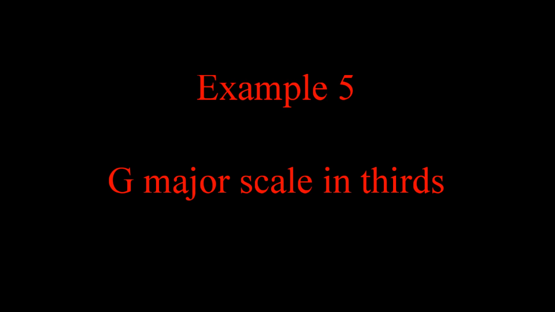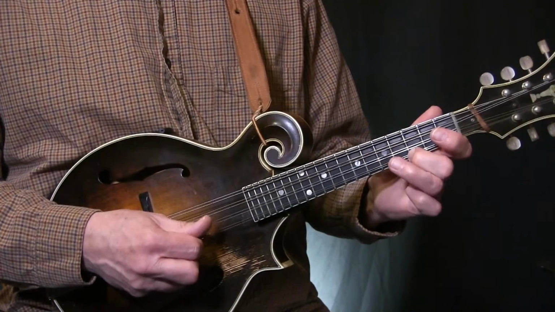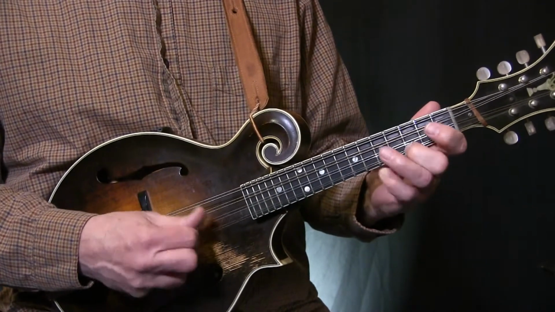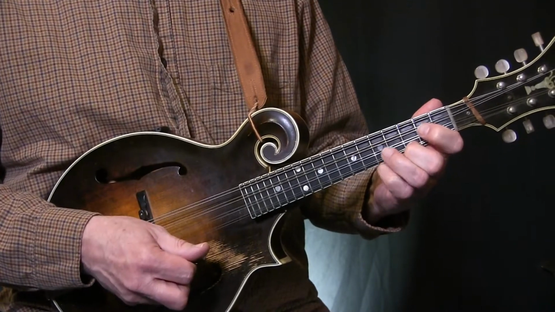In example 5, we're going to descend the G major scale in thirds. Example 6 puts together what we have so far.